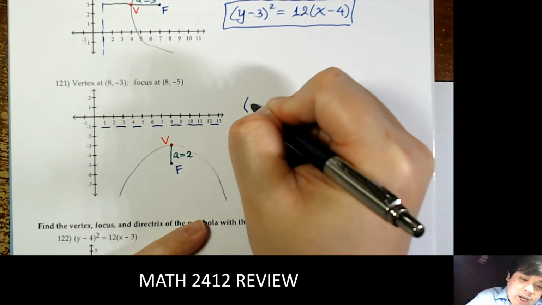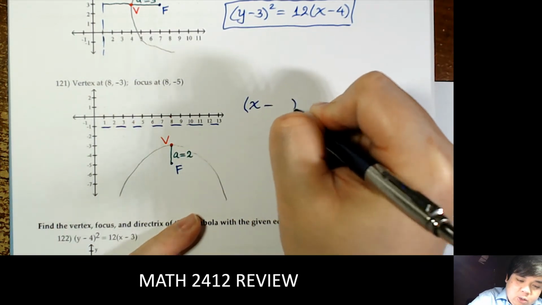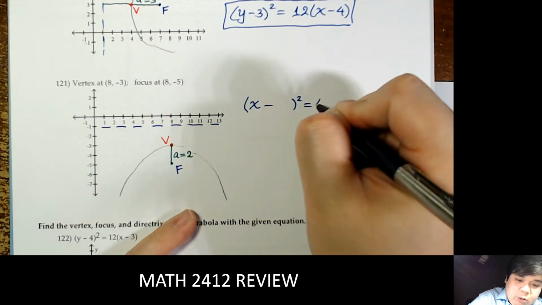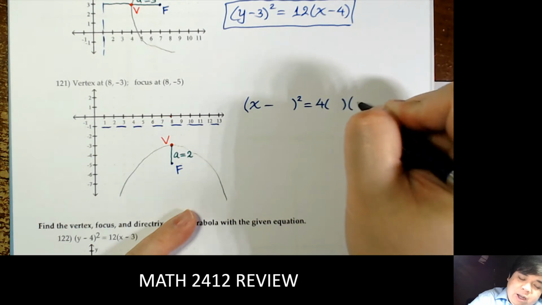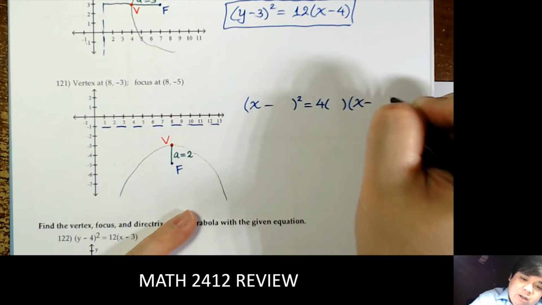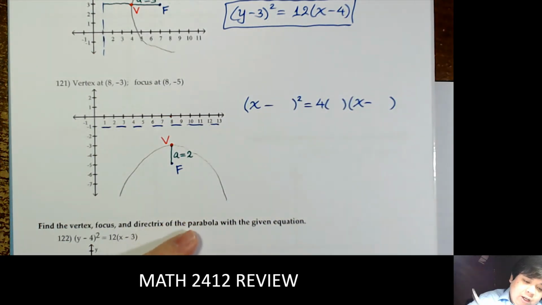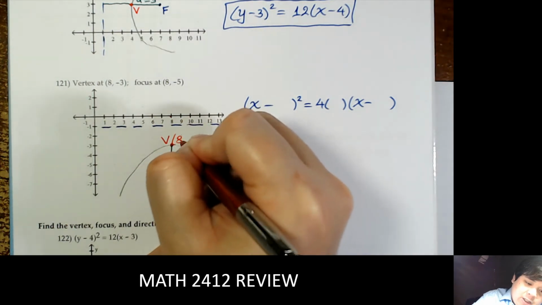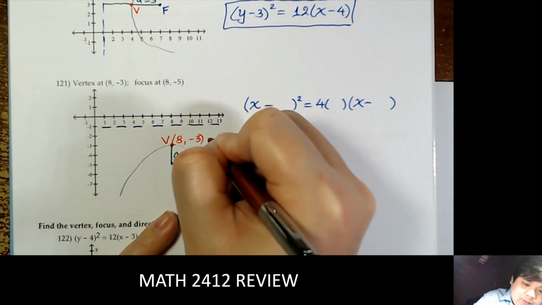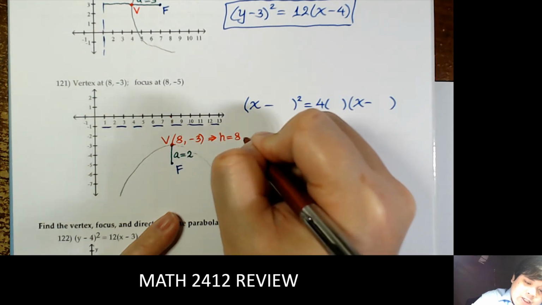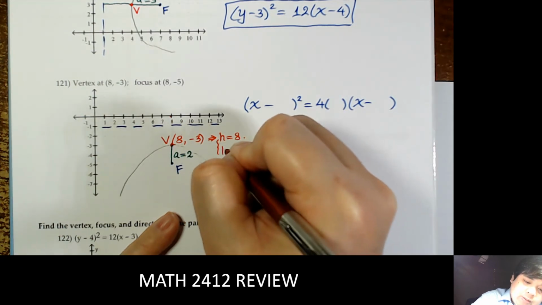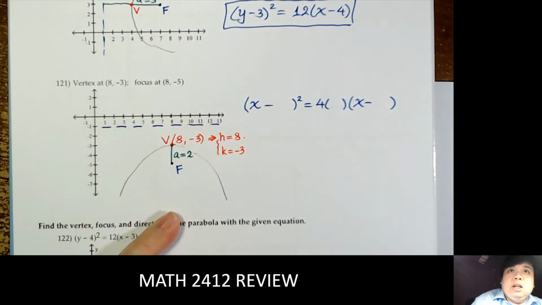So we'll start with x minus something squared equal to 4 times a times y minus something. Right. The vertex is 8 and negative 3, so h is 8 and k is negative 3.